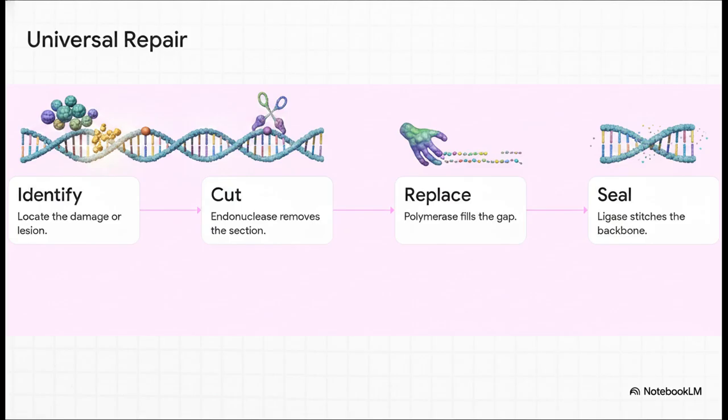Scanning enzymes patrol the DNA looking for distortions or lesions. Step 2 is cutting. An endonuclease comes in and removes the damaged section, kind of like a surgeon excising bad tissue. Step 3 is replacement. A DNA polymerase swoops in to fill the newly created gap with pristine nucleotides. And finally, step 4 is sealing. Our trusty DNA ligase stitches the sugar phosphate backbone completely shut, good as new.